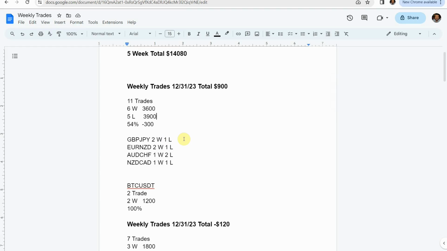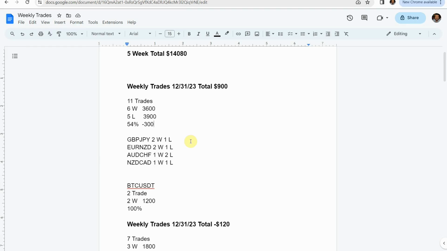Now keep in mind that we're still in that tricky holiday trading market where things are a little bit indecisive and the market doesn't cooperate too well. And so it's no surprise that we had a little bit of a drawdown. But this is the reality of trading. You'll have good weeks and you'll have bad weeks. The idea is to have better good weeks than you have on your bad weeks.